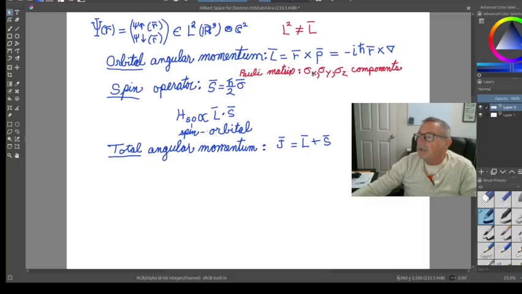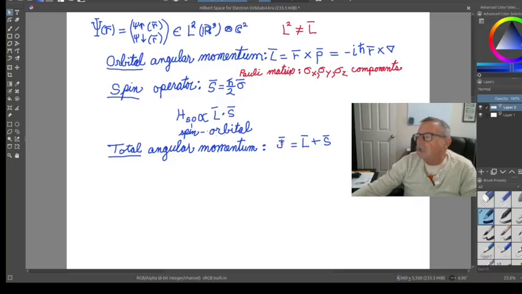I keep saying that. Okay, now let's talk about a total angular momentum, J, which equals the rotating angular momentum of the electron and the intrinsic spin operator. We call this total angular momentum J because we're running out of letters.